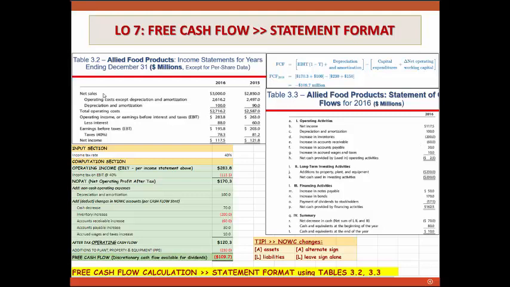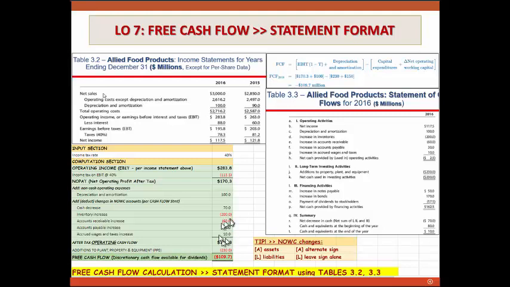So let's take these items one at a time. You see that cash has gone down by $70 million, and so that would be like a source of cash. Add it to the NOPAT amount. Inventory has decreased, so that would be a deduction.